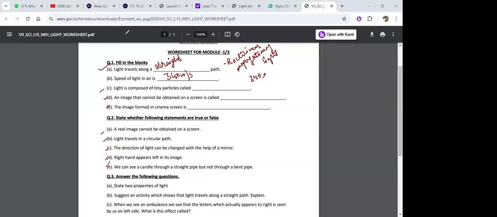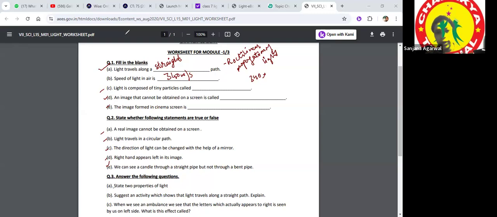Yeah, what is the value in kilometer per hour? 3 lakh kilometer per hour.